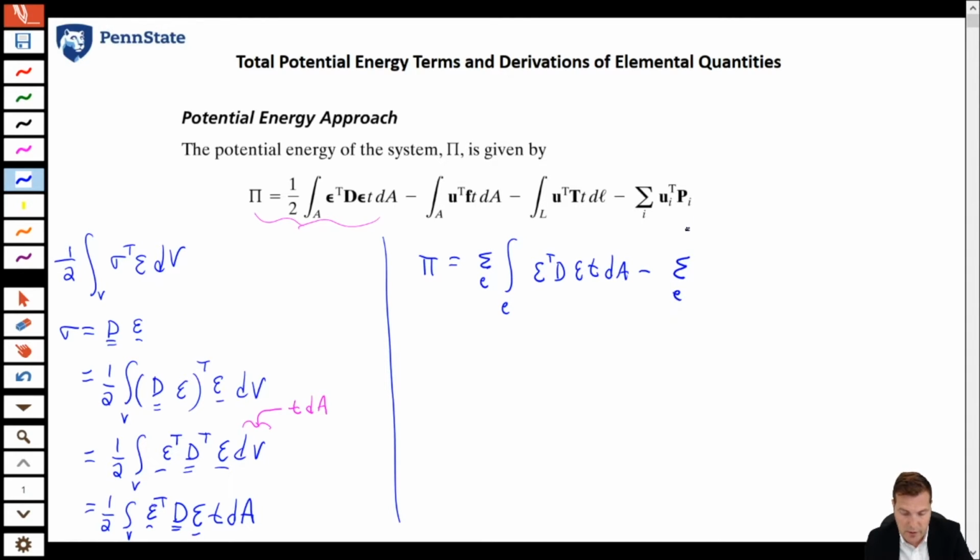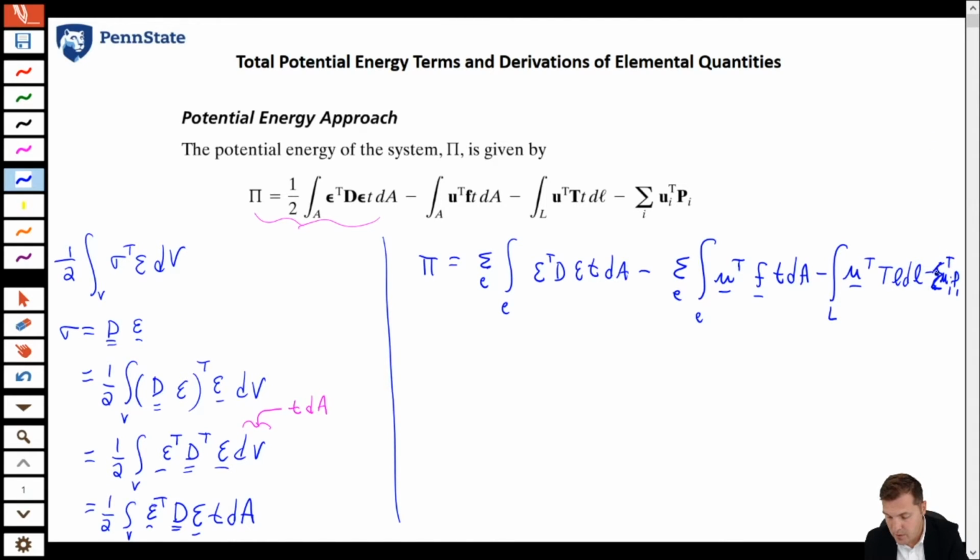We have the sum over elements of the integral over the element of u transpose f T dA, minus the integral over the length for our traction, where we have to go over what that length means, times the tractions, u transpose T dL, and minus the sum of u_i transpose P_i, that's our point load.